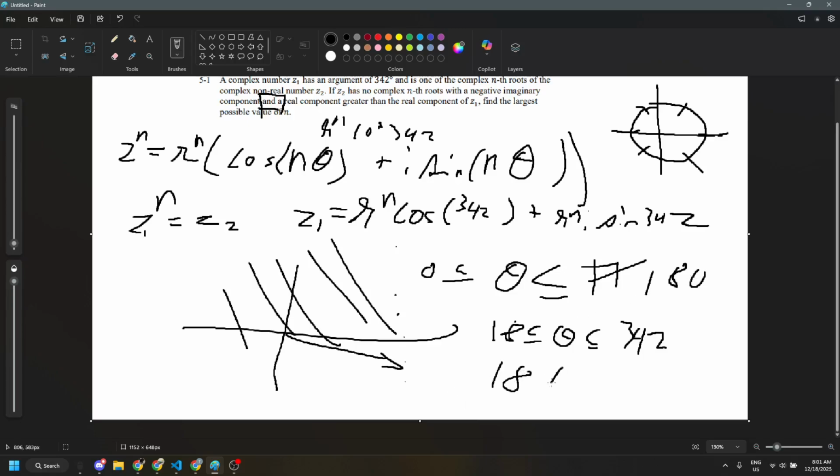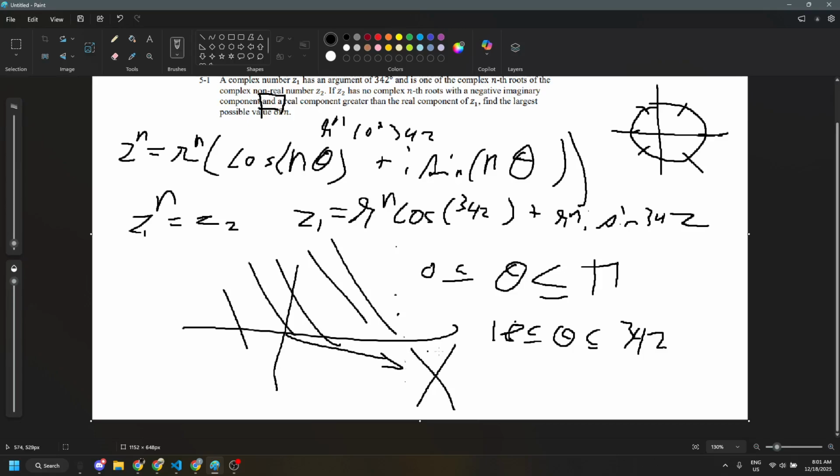So theta is between... No, because we're saying this is exclusive. We can have negative as long as it isn't in this area. As long as it's not here, then we can have negative, because then it's not greater than the real component of z1.